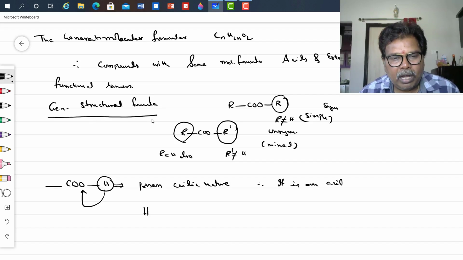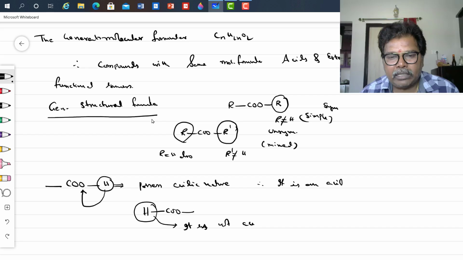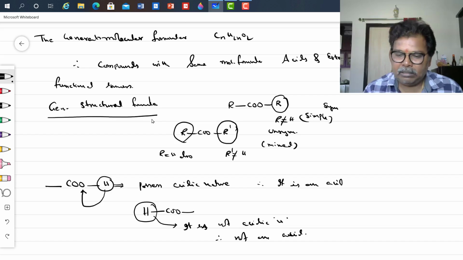If hydrogen is bonded to carbon, then it is not acidic hydrogen. So therefore, it is not an acid. Clear?